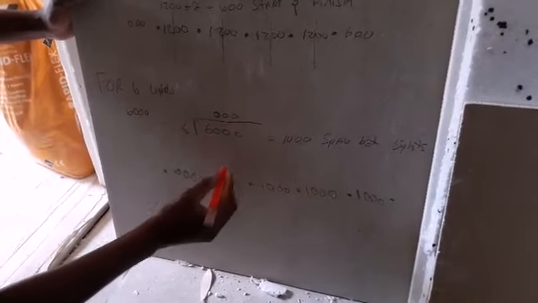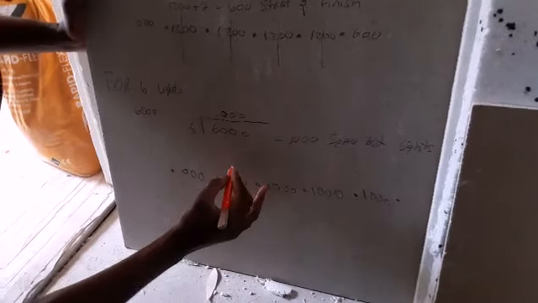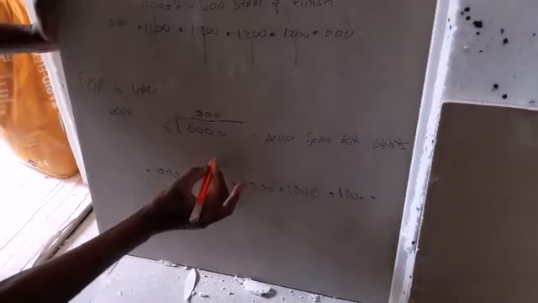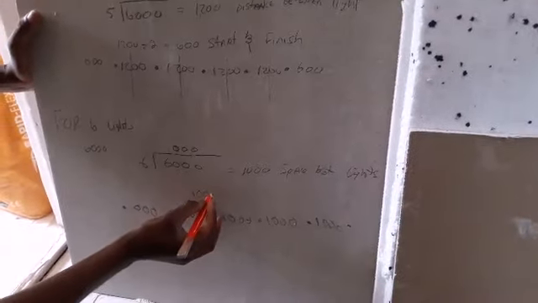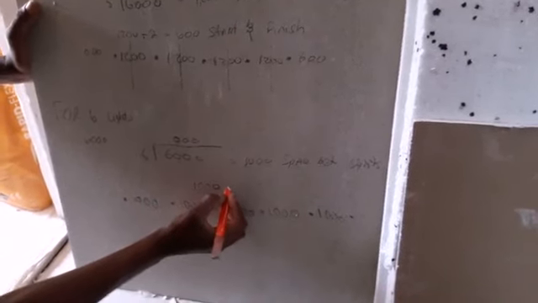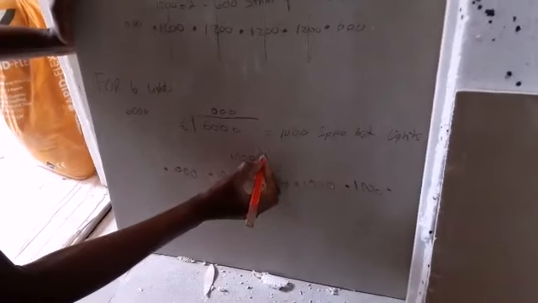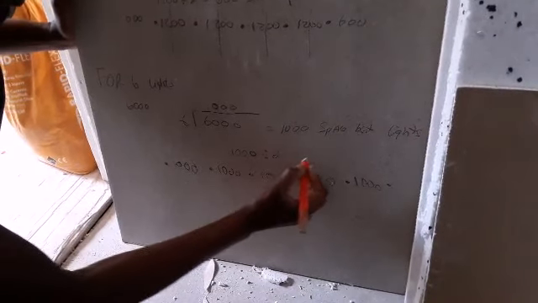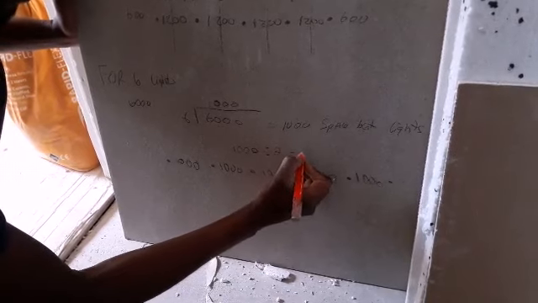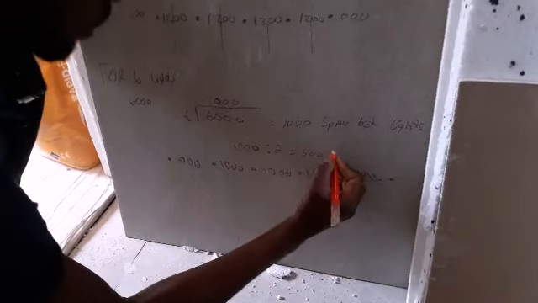And then we'll need the start and stop. So the start and stop is always half of the distance between the lights. So the distance between lights is 1000, and you divide that by 2 to get your start and stop, equal 500.